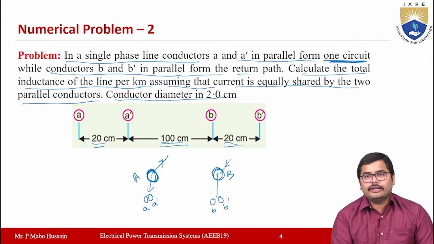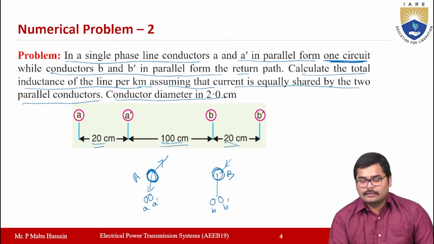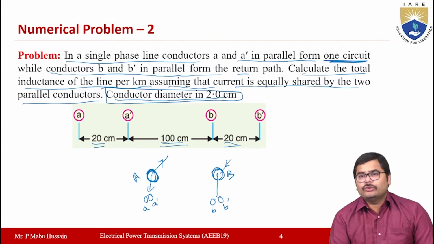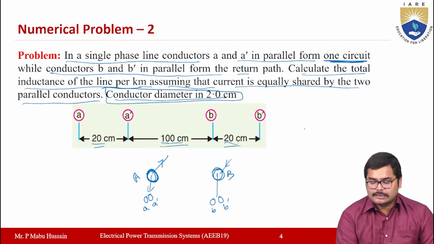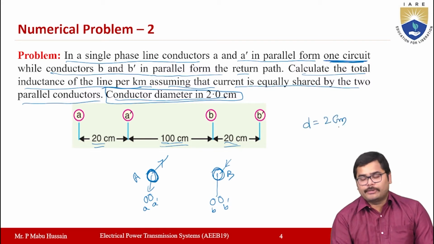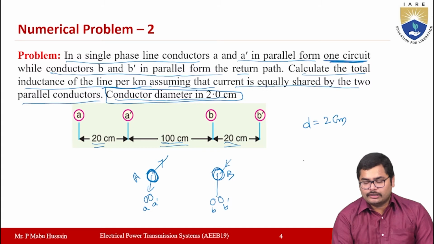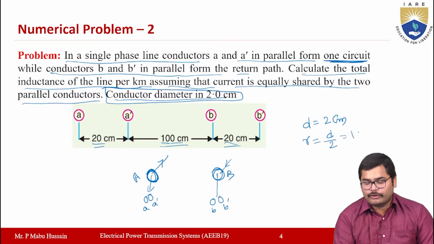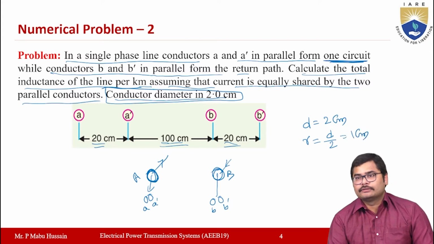It is given on a horizontal surface, and the conductor diameter is 2 centimeters. That means small d value is 2 centimeters for each conductor. Once you know the diameter, you can calculate the radius, which is half of the diameter, so this value will be equal to 1 centimeter.